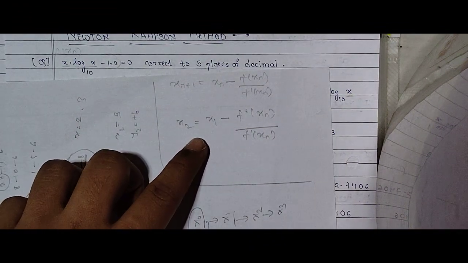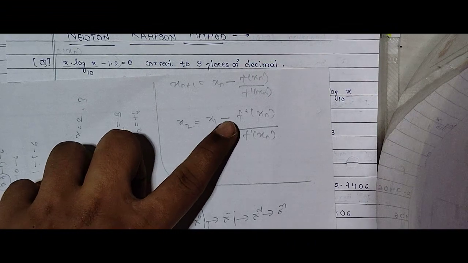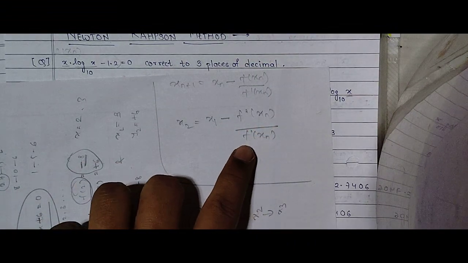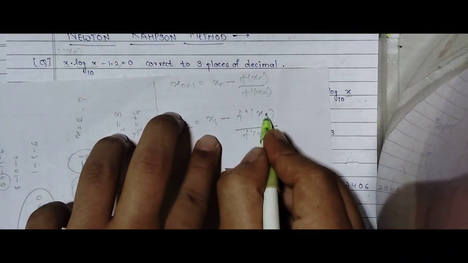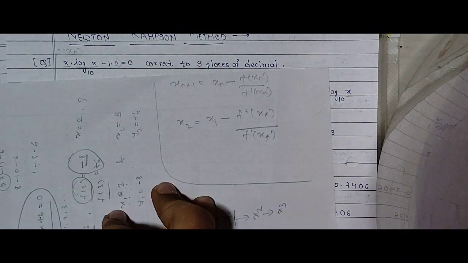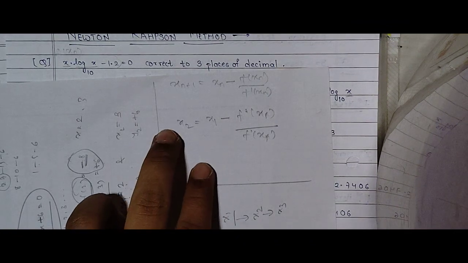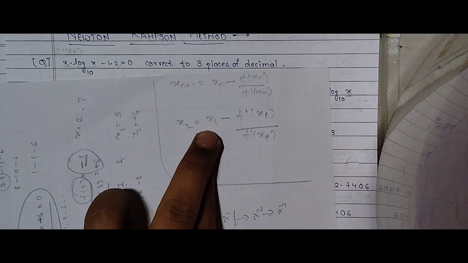So please remember this guys, this is our formula for calculating the second iteration value, that is x2 equals x1 minus f of x1 upon f dash x1. How do you know that for x2 we have to substitute x1 here?